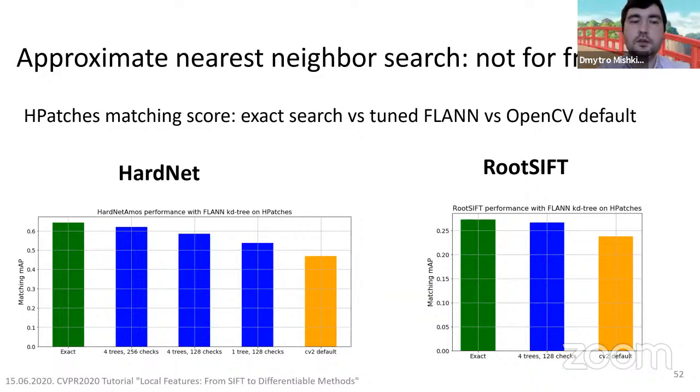And it's important to remember two things. First, that you always need to check defaults, and as you can see, OpenCV defaults are quite fast, but they are not that precise. And so you need to tune your thing, and even if you tune your approximate nearest neighbors, it's not as good as exact nearest neighbors, although you can be quite close.